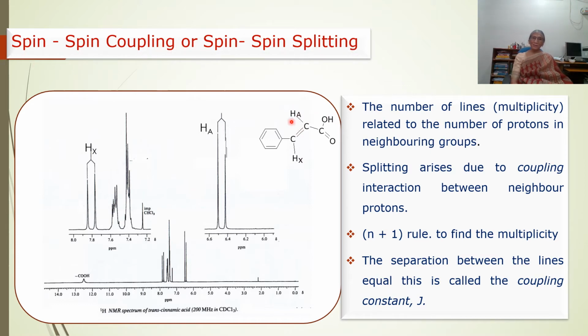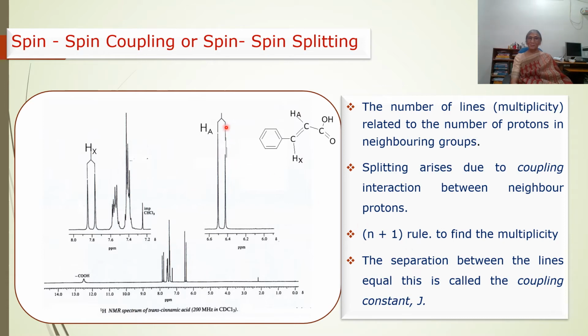The spin-spin coupling is not a through-space phenomenon, but the two neighboring protons interact, they couple with each other through the intervening covalent bonds. The number of peaks in a signal depends upon the number of protons present on the neighboring carbon atom. The general rule says it is n plus 1 peaks.